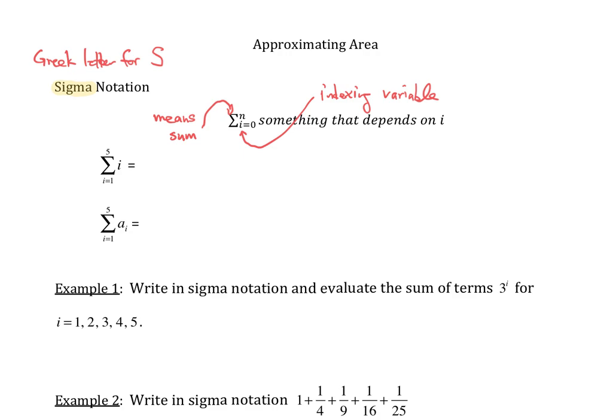So when i is equal to 1, we put a 1 plus. Now the next step is i equal to 2, we put a 2, and then we put a plus. And then i would be equal to 3, we put a 3, and then we put plus. And then when i is equal to 4, we put a 4, and then add. When i is equal to 5, we put a 5. And we just stop there.